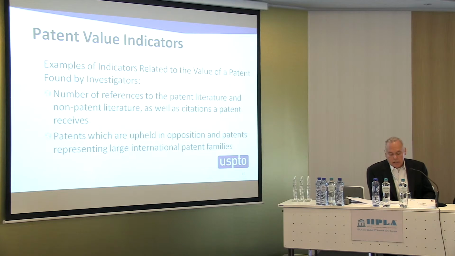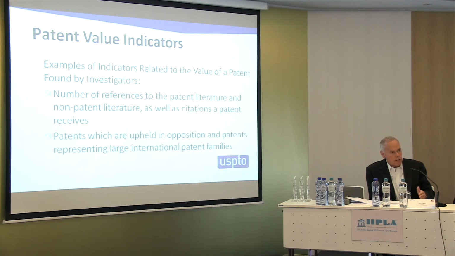So what we can look at, and this is what has been found by other investigators, is that one of the things that actually shows potential for patent value is the frequency of backward citations. That is, how many citations were referenced in the patent that was issued, and also the forward citations.